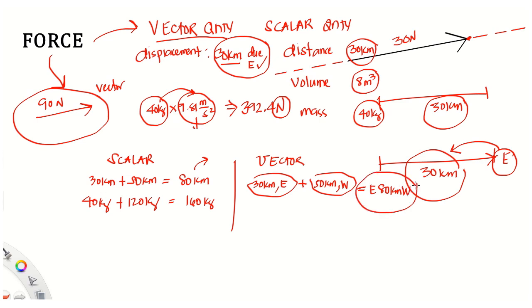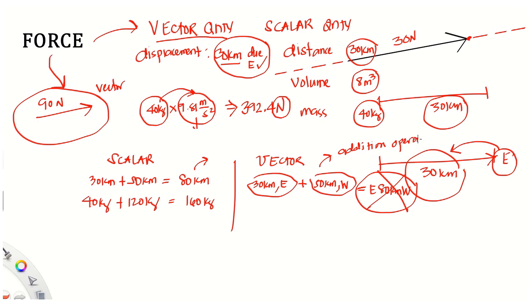Is this the correct answer? Congratulations, my friend. Wake up. This is completely wrong. Because the difference is that vector quantities cannot be just added using normal addition operation.